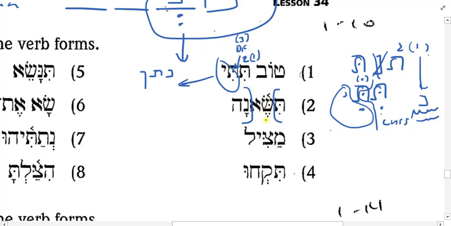Is there anything to give me a hint as to what the first root letter might have been? Look at that dot in the sin. What kind of dot is that? That's a dagesh forte. A doubling dot, which represents what? The noon that has assimilated.